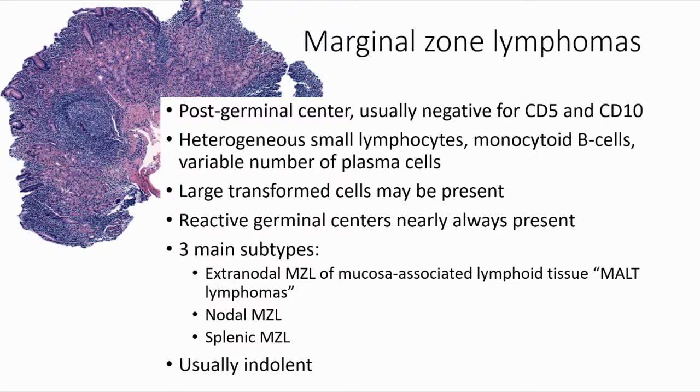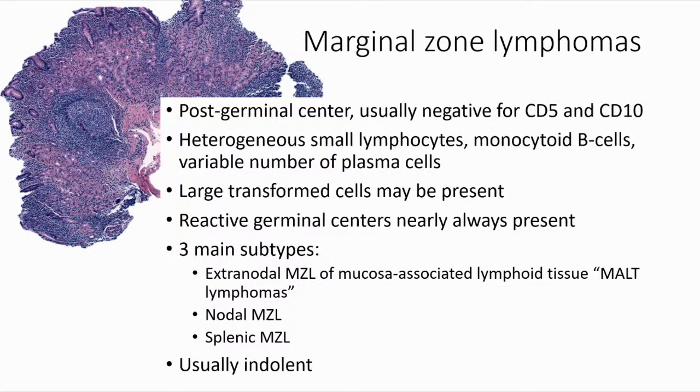Yeah, that's a challenging area that has not been super well established. Increased large cells can be seen in marginal zone lymphoma, maybe even up to like 50%. You can see a true Richter transformation rarely. I have seen marginal zone lymphoma transition to a Hodgkin lymphoma, in very rare cases.